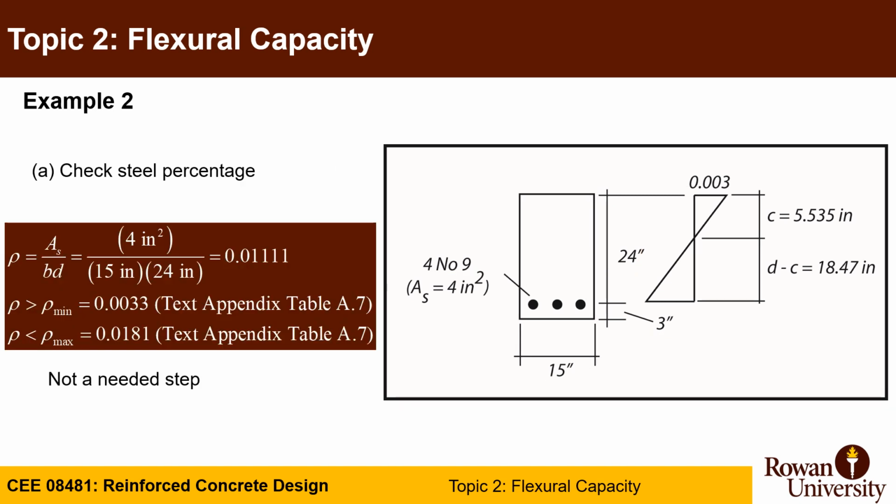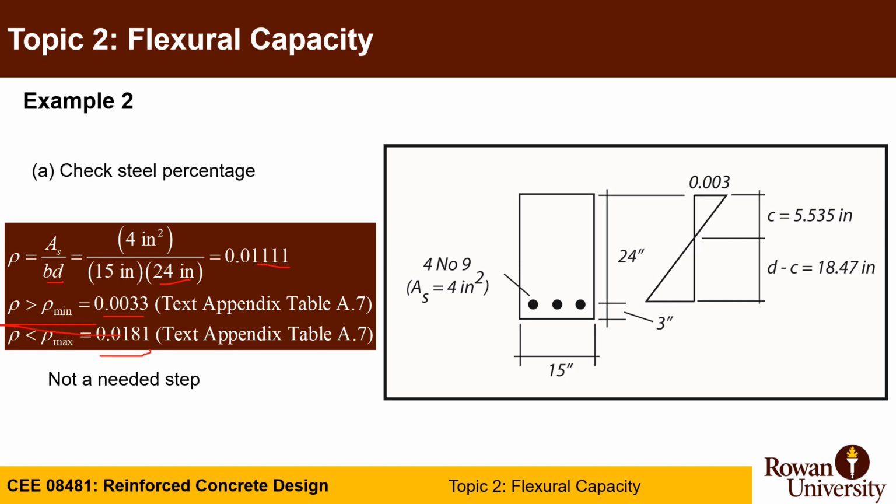You first need to calculate rho. Your rho in this case is 4 square inches divided by bw d. b is 15, d is 24, which gives you 0.011. Rho minimum, if you calculate it, is going to be 0.003. Rho maximum 0.018. So you're actually in the safe zone.